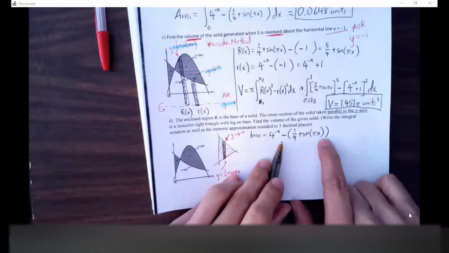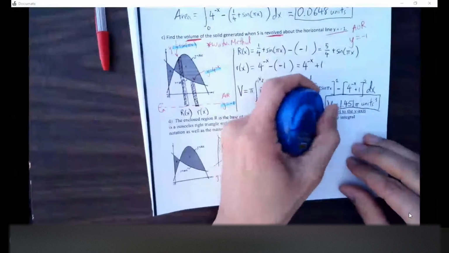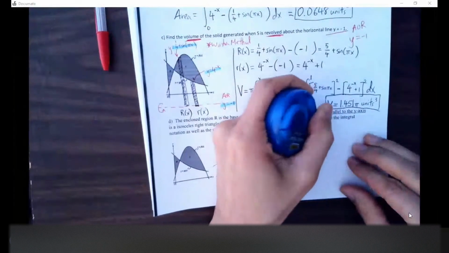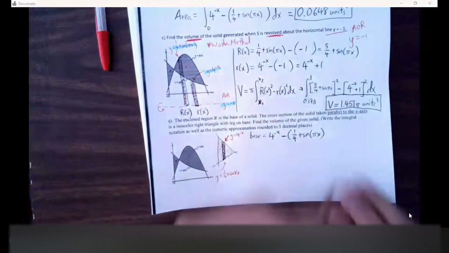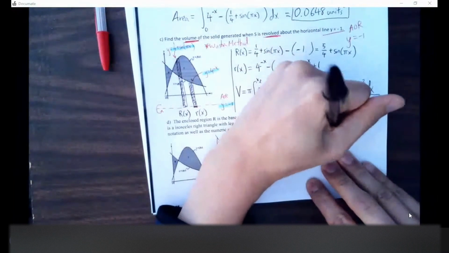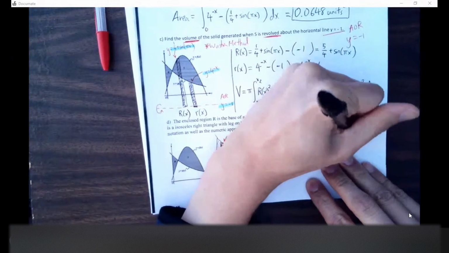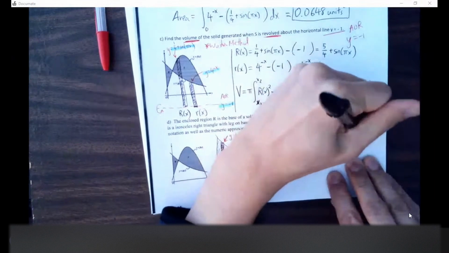That just means less parentheses to keep track of. So that's just 4 to the negative x minus 1/4 minus sine of pi x.